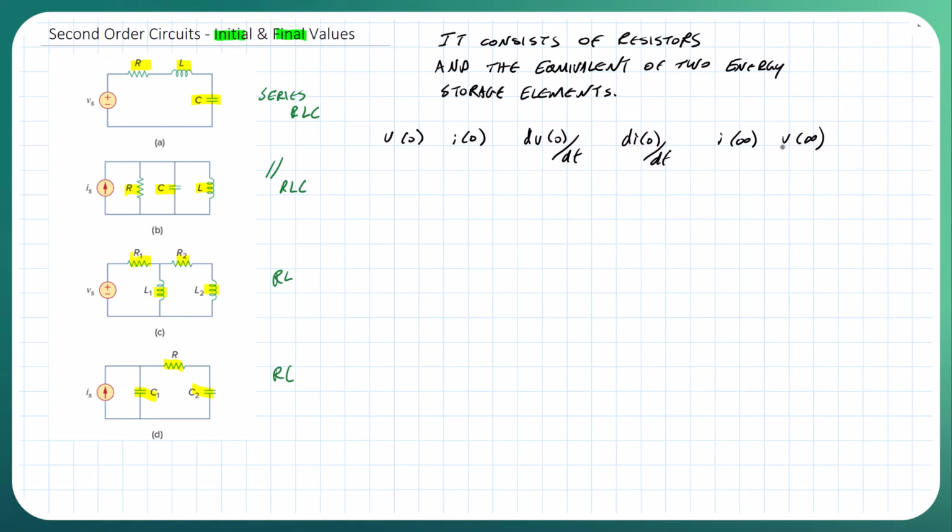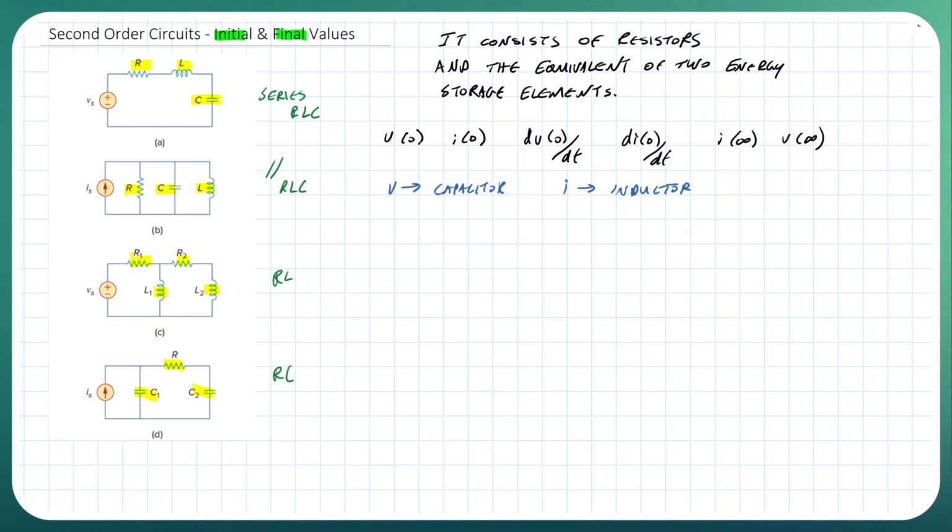For the sake of simplicity, when we talk about voltage, we're going to be looking at the capacitor voltage, and when we talk about current, we're going to be looking at the inductor current. We want to be able to figure out what these are.